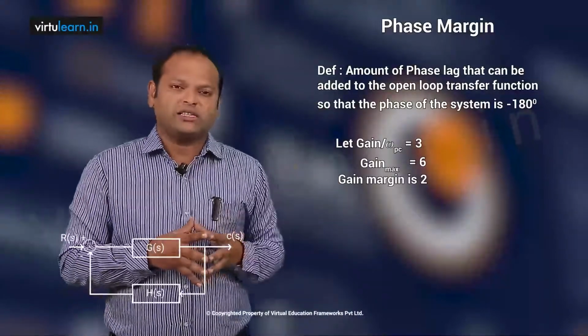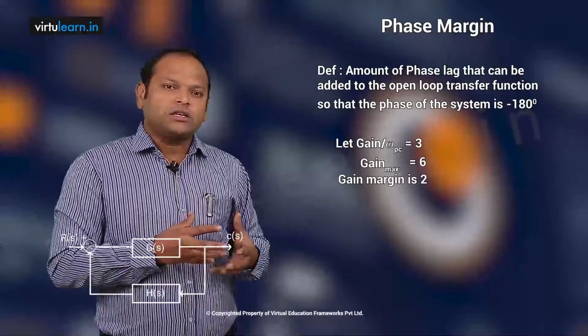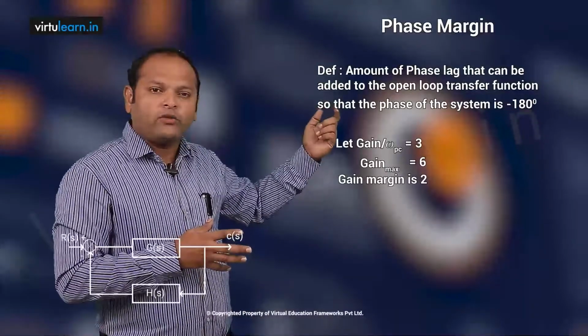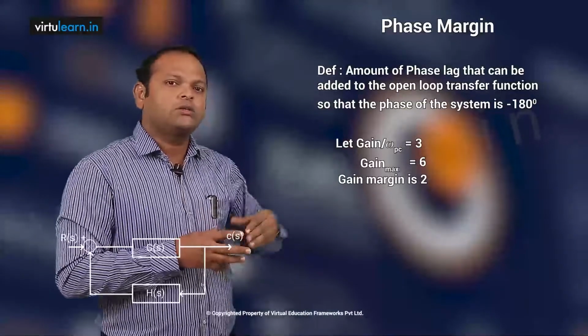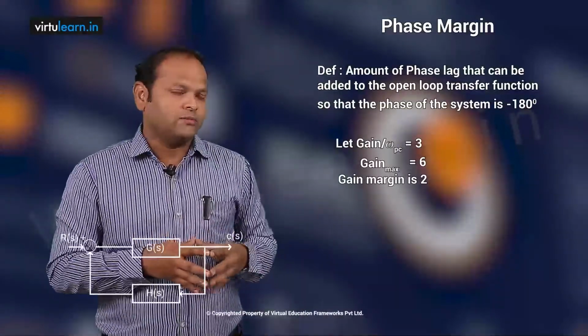This is what your design is: when you design such that the extra component you introduce in this loop has a gain not more than 2. So that is the importance of the gain margin.